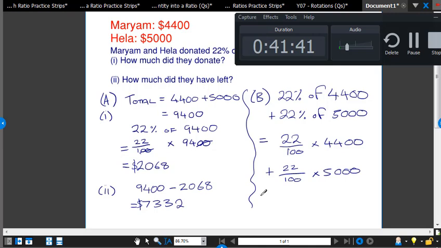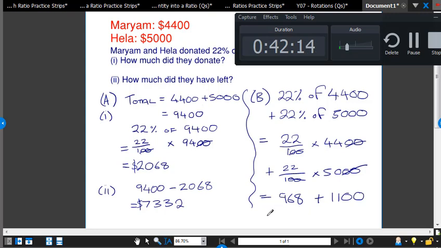Okay, the zeros cancel. 2 times 44 is 88. So 20 times 44 is 880. 880 plus 88 is 968. Then 968 plus, they cancel, 22 times 50 is 1,100.